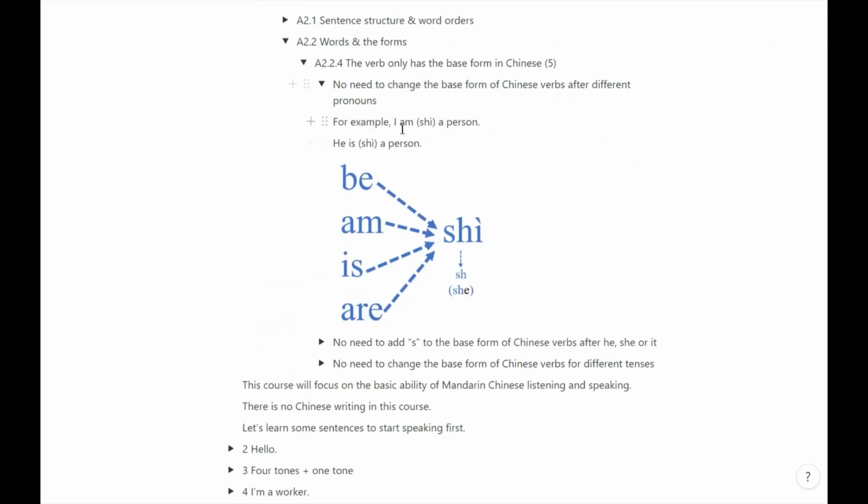For example, I am a person, he is a person. But for this verb be, am, is, are, all of them will be the same pinyin, that is 是.